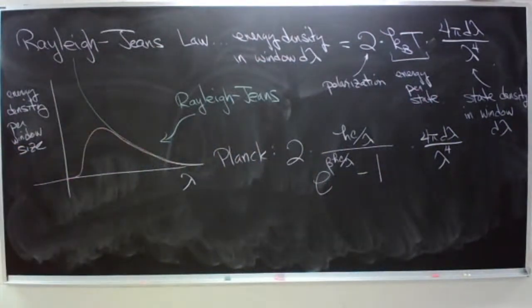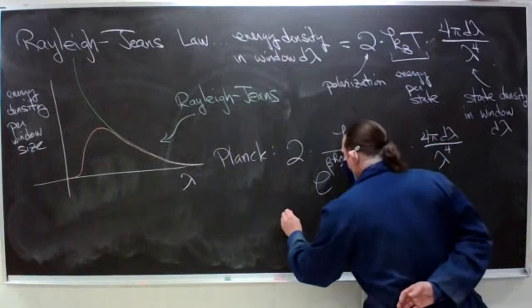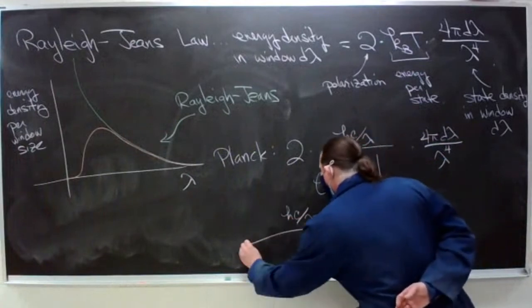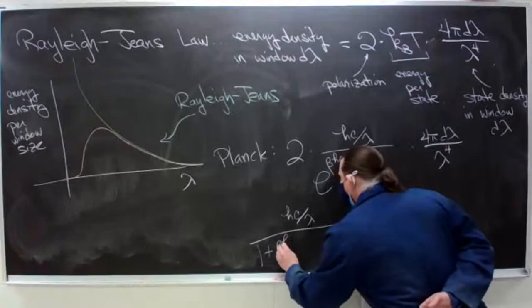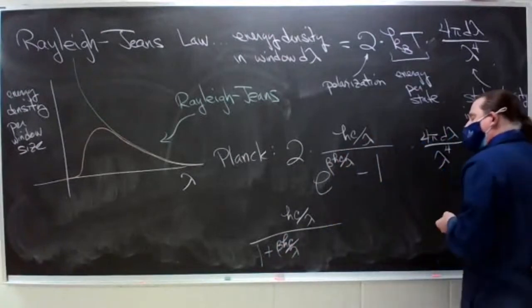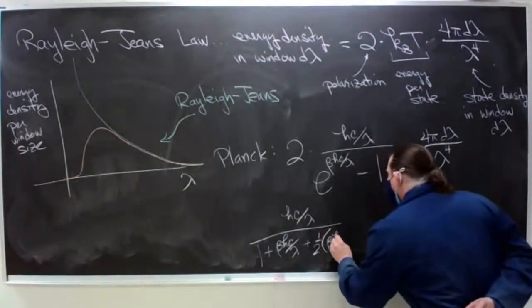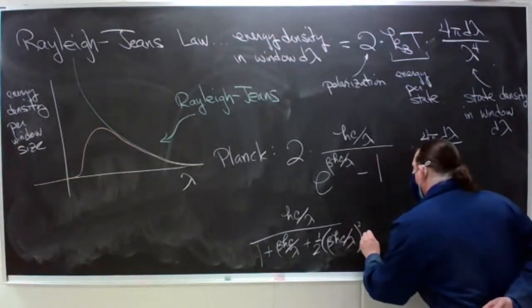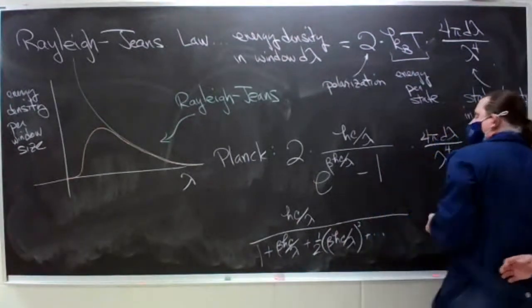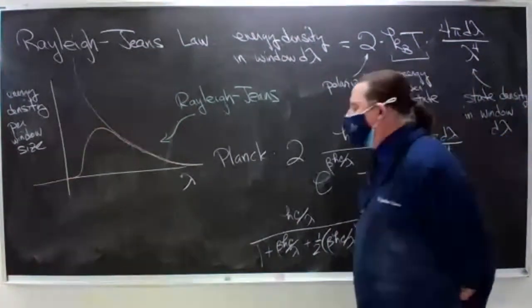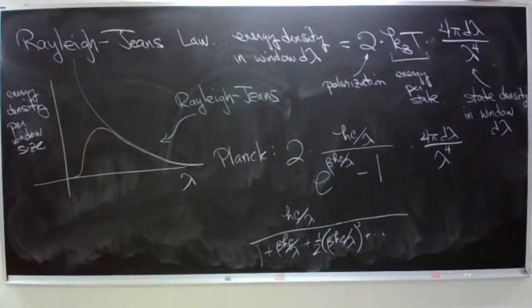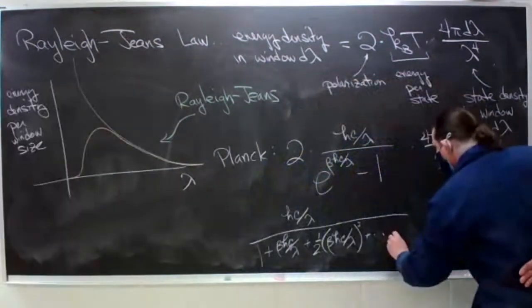So I would say e to the beta hc divided by lambda is approximately 1 plus beta hc divided by lambda plus 1 over 2 factorial beta hc divided by lambda all squared, plus dot, dot, dot, and then of course minus 1.